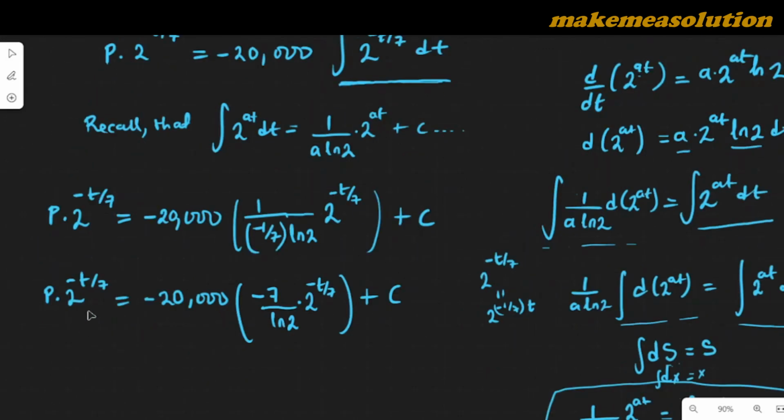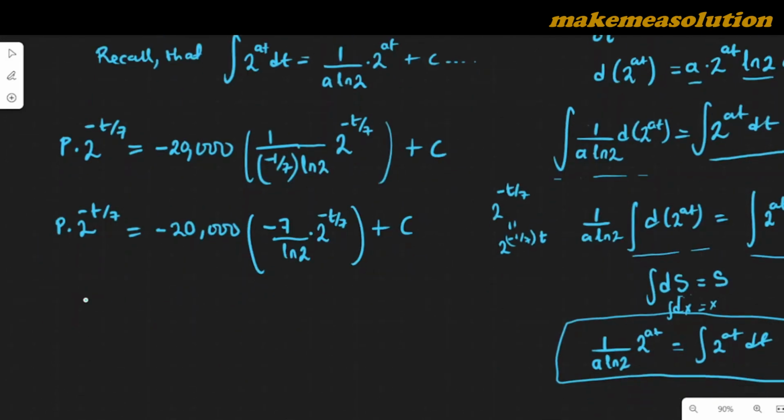So if we open the brackets, we are going to get p times 2 to the power of minus t over 7 is equal to 140,000 over ln 2, then 2 raised to the power of minus t over 7, then plus c.